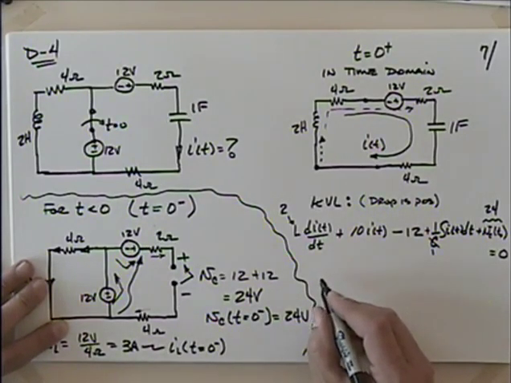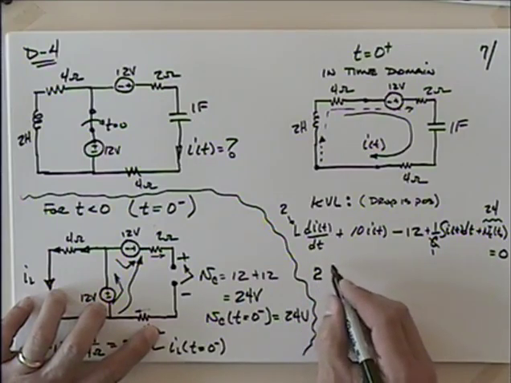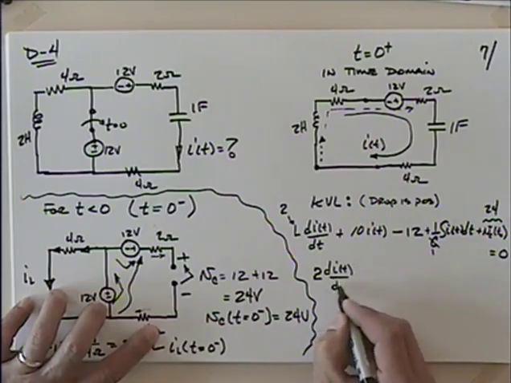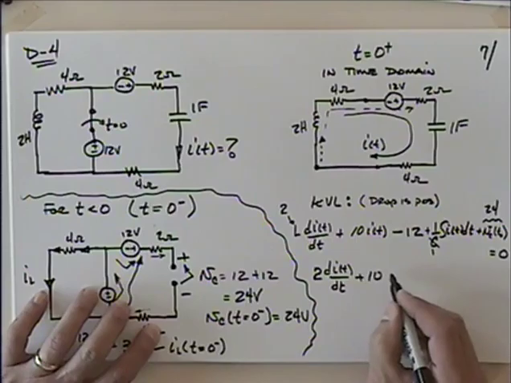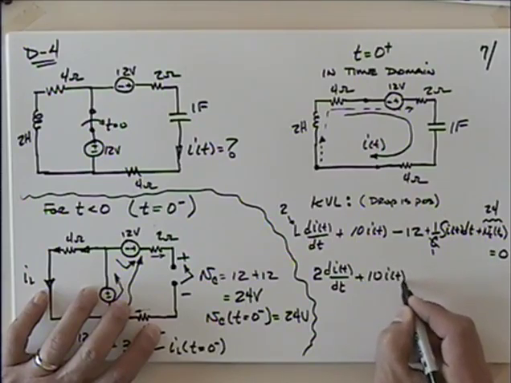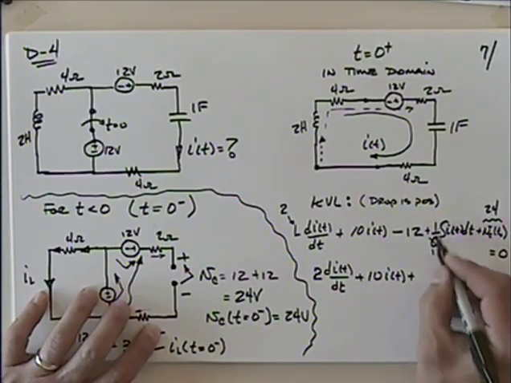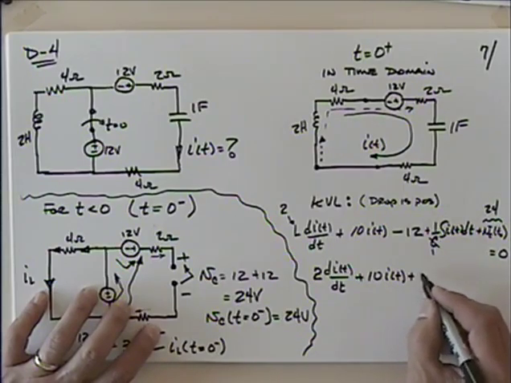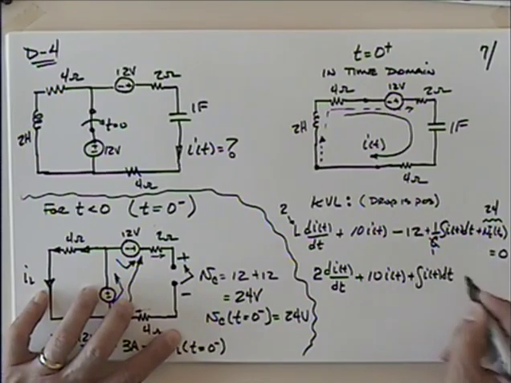So I have then 2 times di of t dt plus 10 I of t plus, because C is 1, so 1 over 1, I just have the integral of I of t dt.